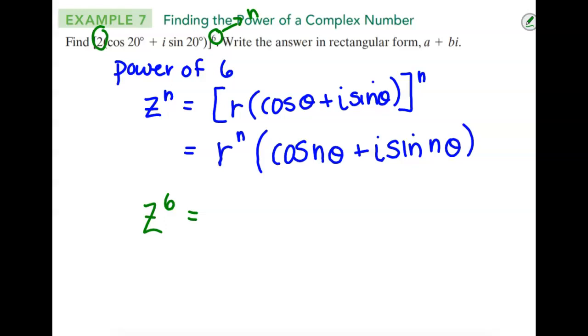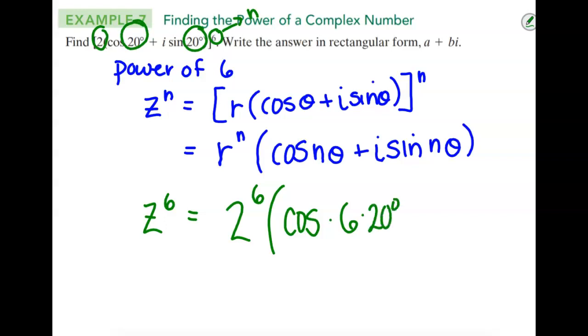So we're going to say radius of 2 raised to the 6th power, quantity cosine of n, remember n again is 6, and now we identify our theta. This is our theta, 20 degrees, our angle. So we substitute in our i sine, and then 6 theta.